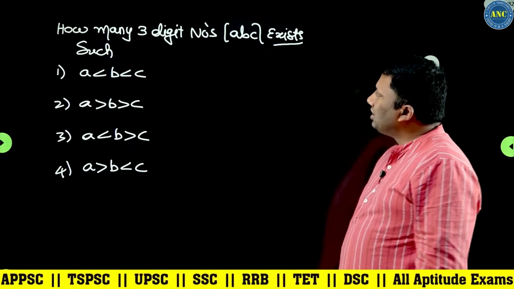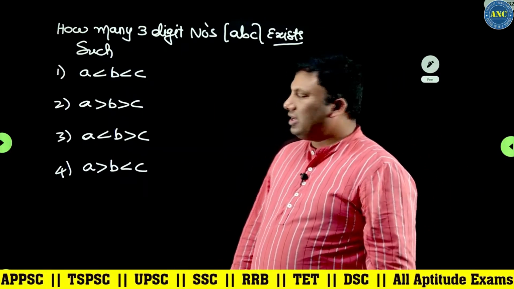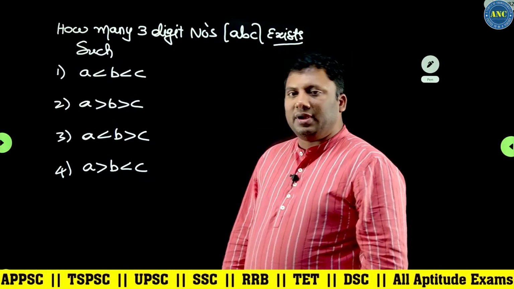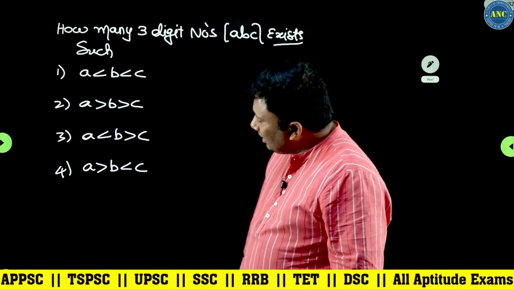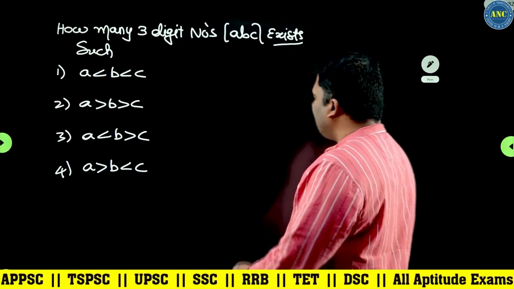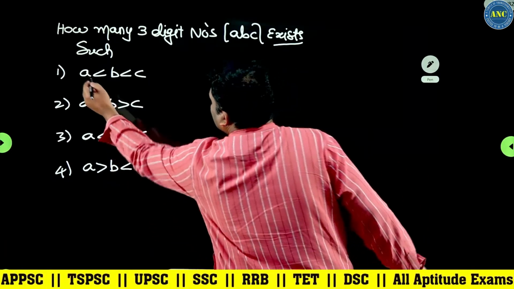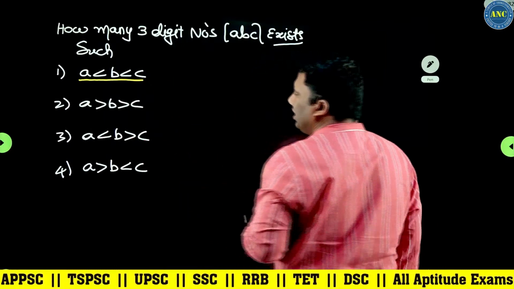First, how many 3-digit numbers exist such that the digits are in ascending order?